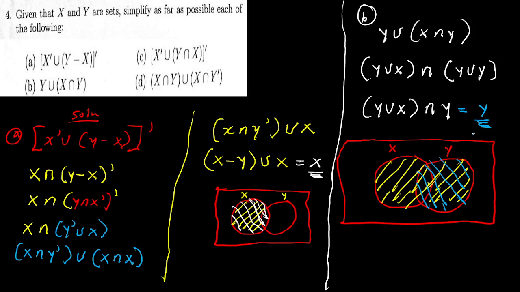So when you are intersecting them, the small set will be your answer. But when you are uniting them, the bigger set becomes your answer. That's just one of the tips you can pick out from there.